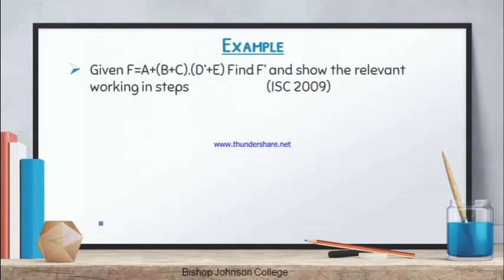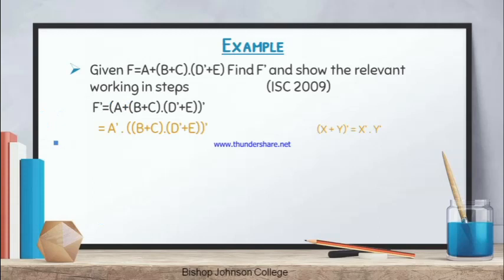Then how do you find the complement of an equation? The equation is given: f is equal to a plus b plus c dot d bar plus e. So first find f bar, the whole complement of the equation. Then as per De Morgan's theorem, x plus y whole bar is x bar dot y bar. So here x is a and the rest is y.